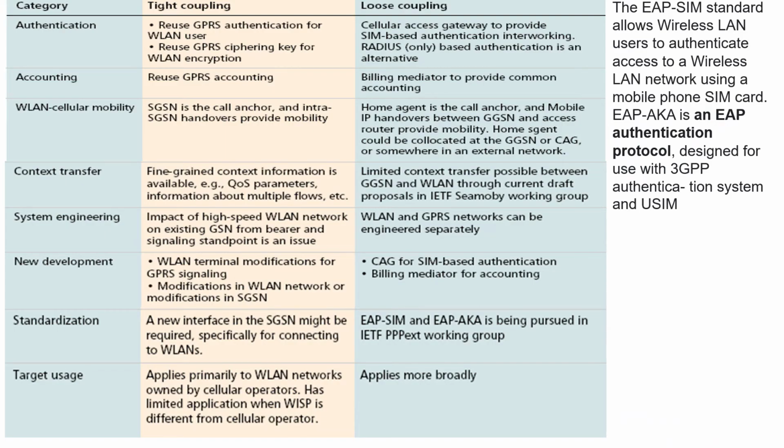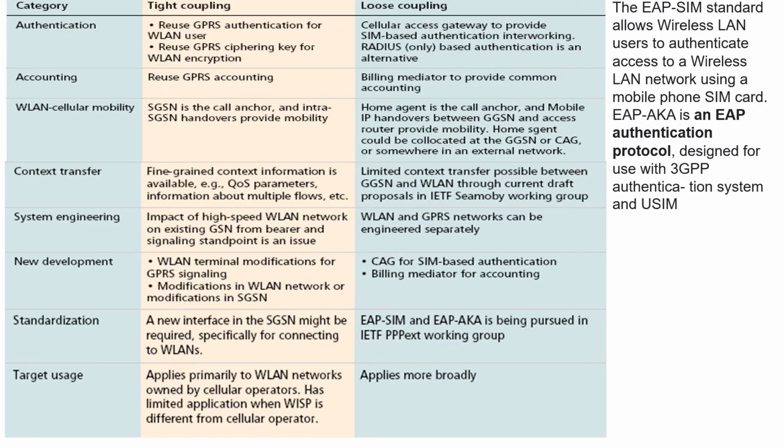To summarize, these are the differences between tightly coupled and loosely coupled systems. You can see the authentication and accounting service. In the tightly coupled case, you reuse the services which are already available, whereas in the loosely coupled case, you build a separate system which will have these services.